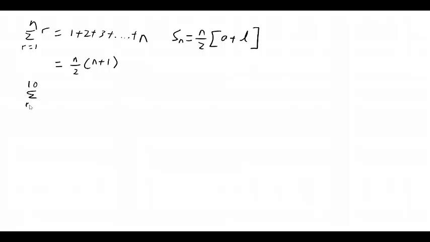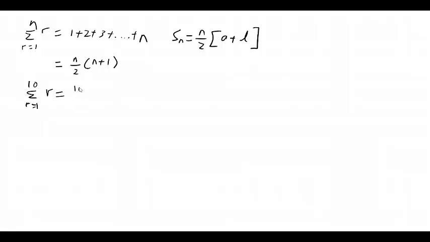Let's say you want to sum up r from r equals 1 to r equals 10. Instead of writing out a series 1 plus 2 plus 3 all the way until 10, this is what you do. You simply substitute this 10 into the n over here.